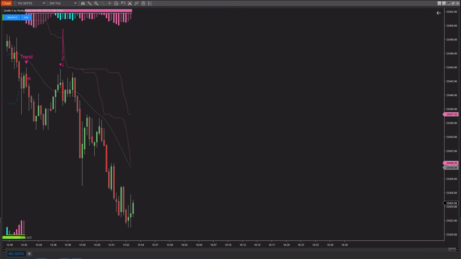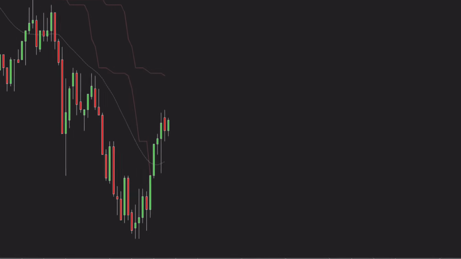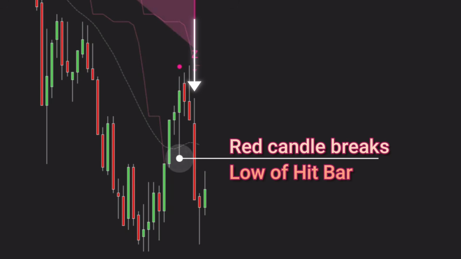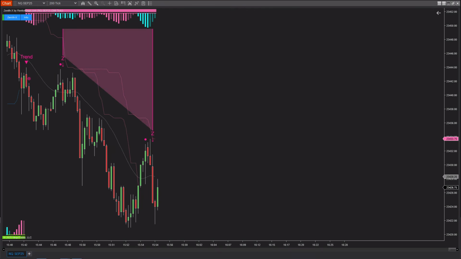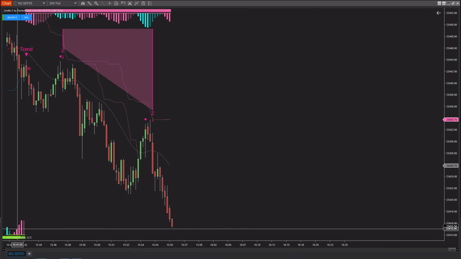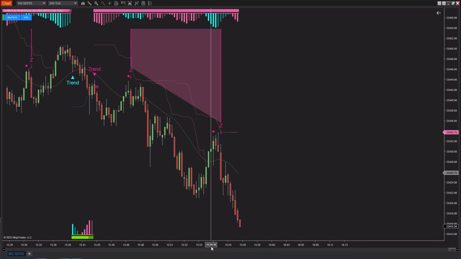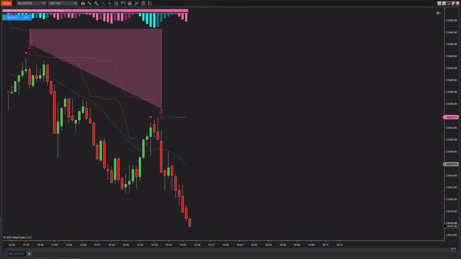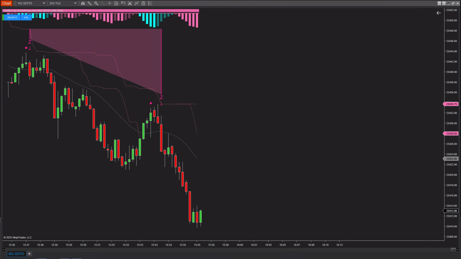A valid sell signal is only proposed if a candle breaks below the hit bar's low during this period. This confirms selling pressure has resumed. If no breakout occurs, the system discards the setup and starts searching for a new hit bar. This ensures signals are only generated when price action confirms trend continuation.